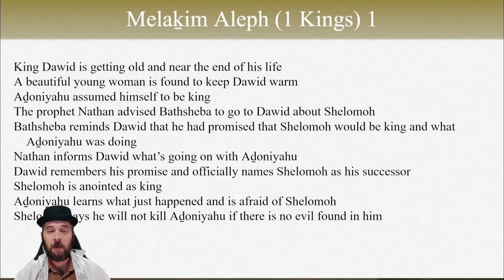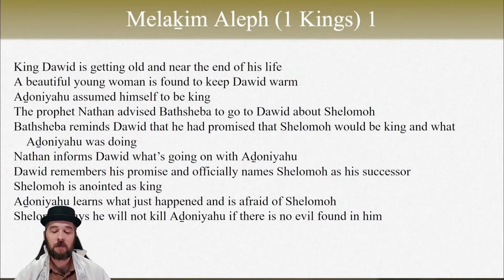Adoniyahu is still living, and at least till this point, there was no evil found with him regarding Shlomo. So there was a little bit of a wave in the coming to the throne, but so far in chapter 1, everything's gotten settled at this point.